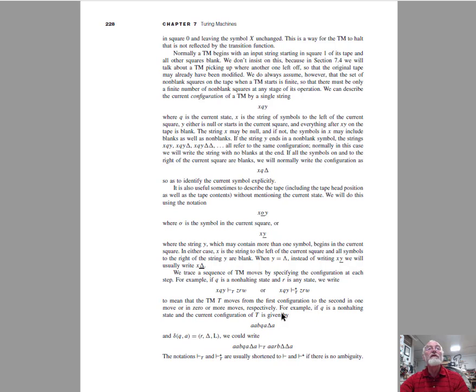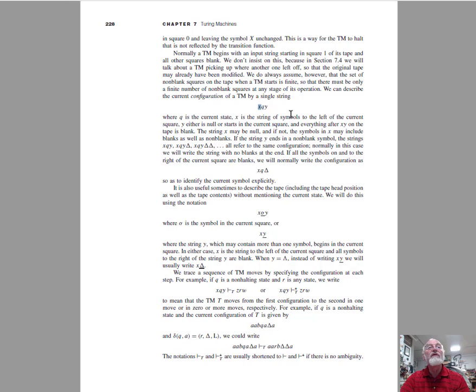There's other ways to do it though, other ways to describe it, and we'll use the one that is the most convenient for the thing we're trying to accomplish. This is called a configuration of a Turing machine. This means that X is a string that is things to the left of the current position.